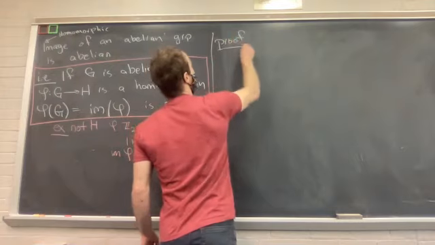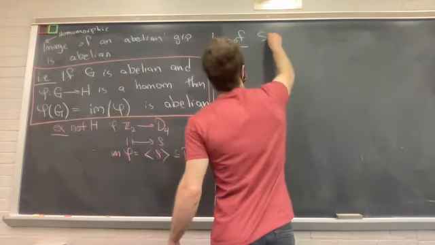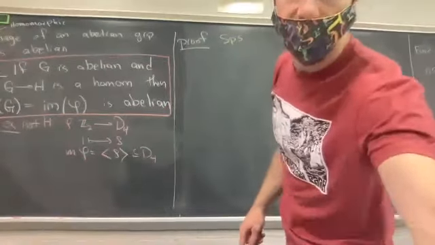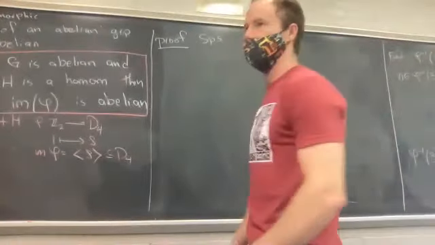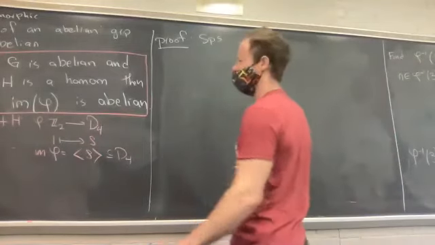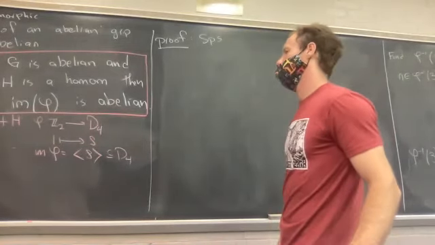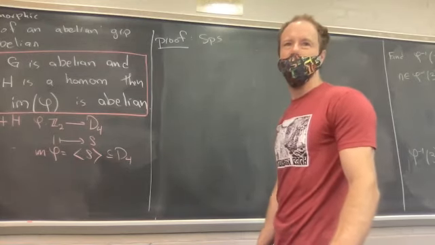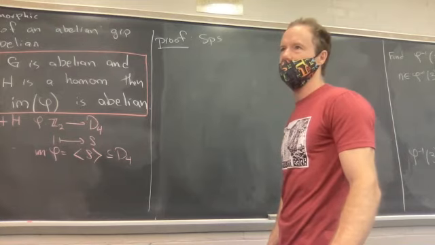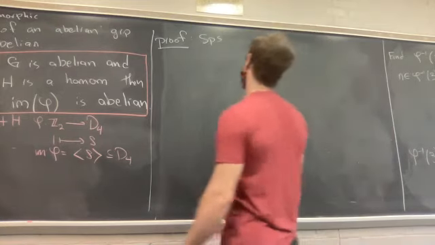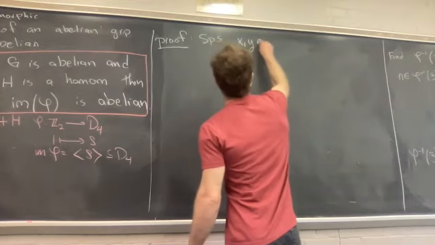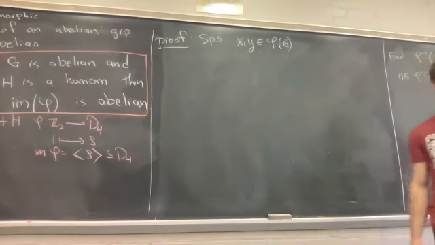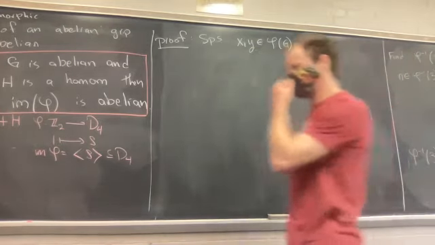So, proof. Let's suppose, so maybe we need some notation here. Maybe X and Y. Let's suppose that X and Y are in phi of G. So they're in the image.